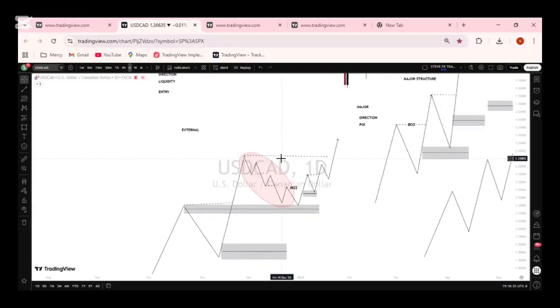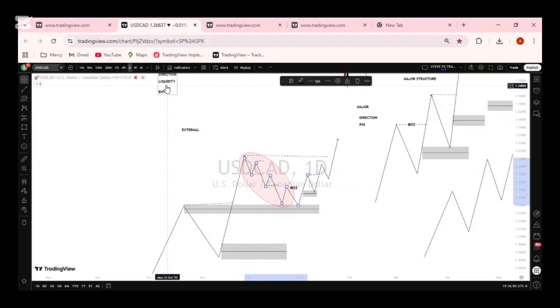So when it comes to liquidities, mostly our external structures create more liquidity in the market. For example, equal highs. Also, we have wicks and other stuff.